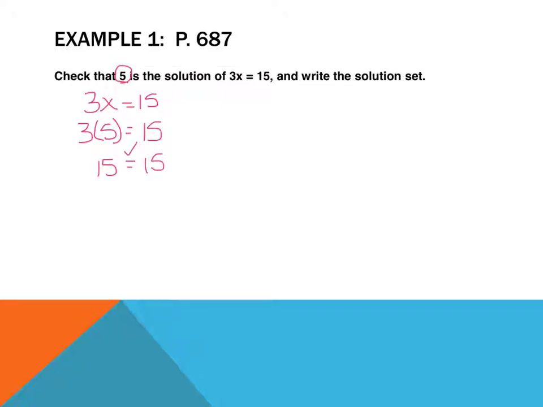So that is correct. And then where it says write the solution set, we write some brackets with the solution inside, and that's the solution set. Okay, in MyLabs Plus, they'll have the brackets written for you, and you'll just type in the number.